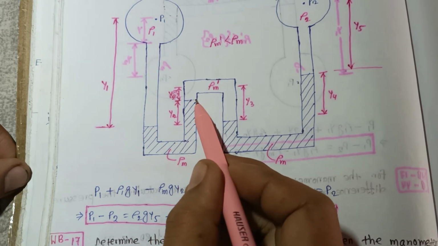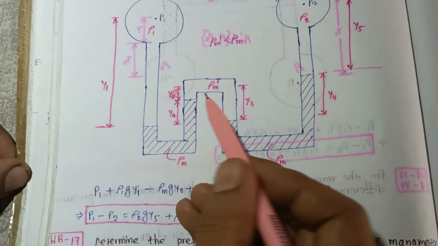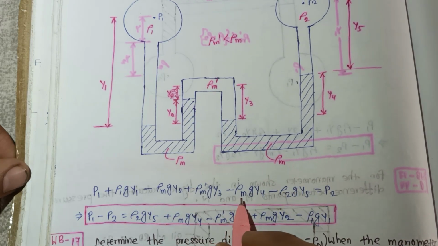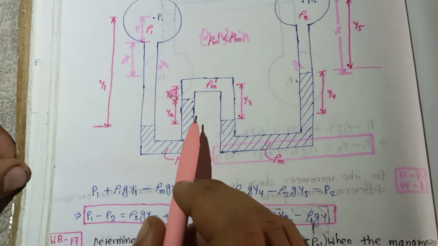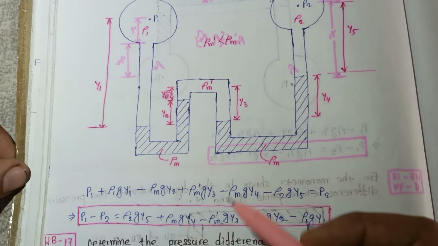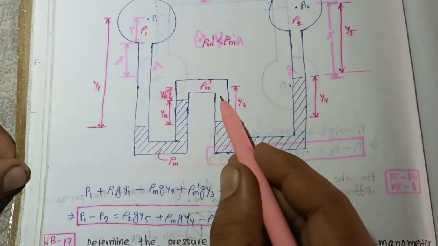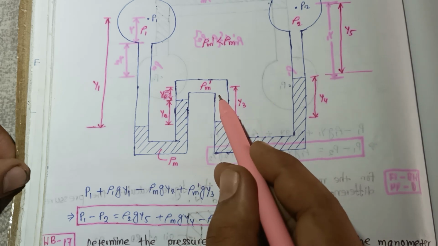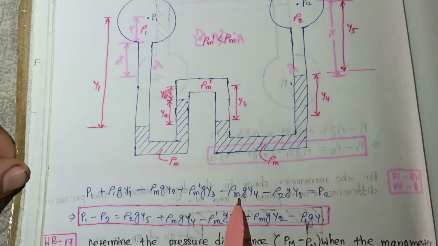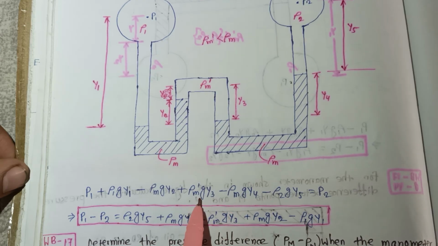Then it goes to this section, minus ρm g y2, and this is the distance to this point, and there is a downward direction, so plus ρm dash g y3.